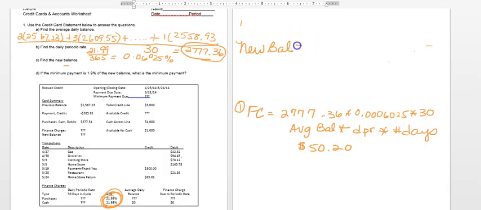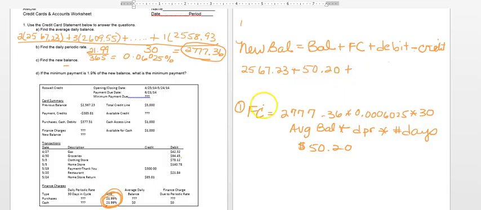$50.20. So to find my new balance, I take my previous balance and I add my finance charges, I add any debt that I've accumulated, and I subtract out any credits that I have. So in this case, my previous balance was $2,567.23. I add my finance charge of $50.20. I add the debt, which is all of these values here together.